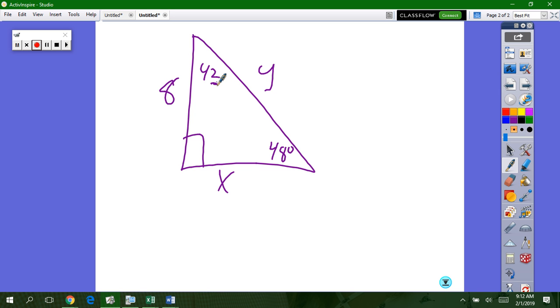I'm actually going to stand up here, because then this becomes my opposite, and this becomes my adjacent, and therefore my unknown is on top instead of in the denominator. Does that make sense?